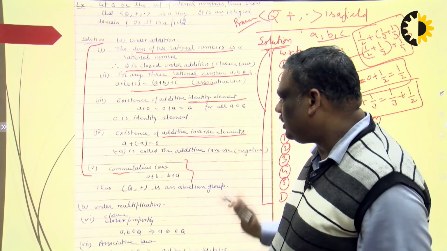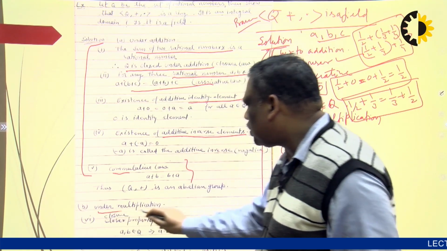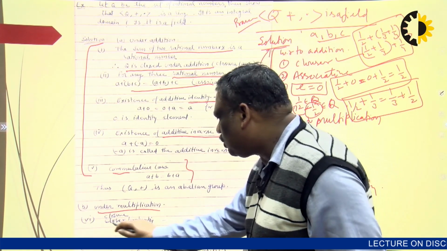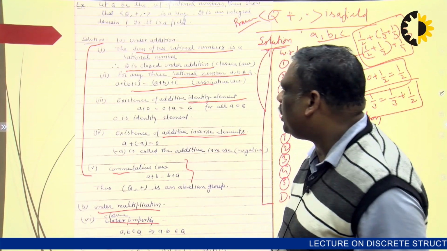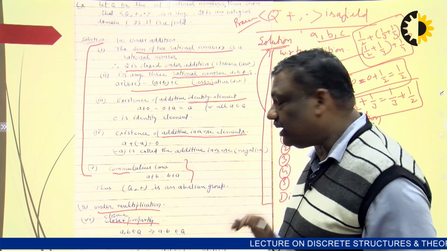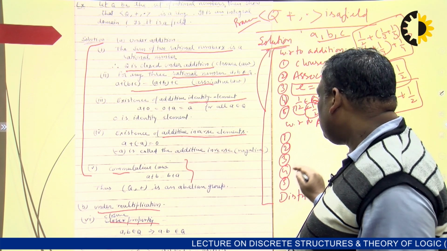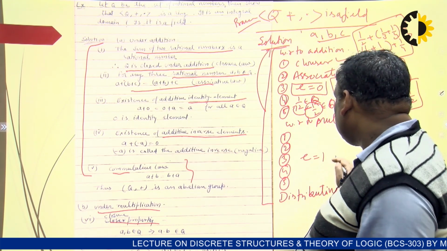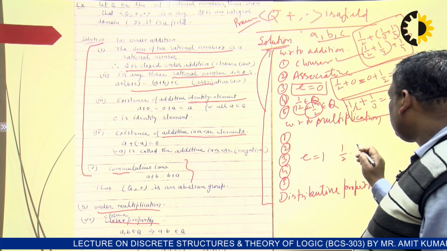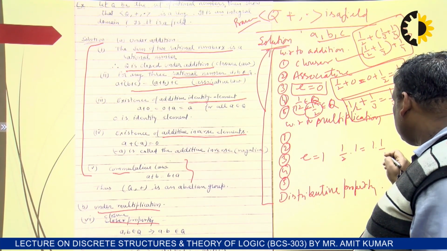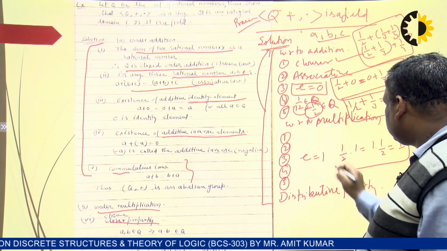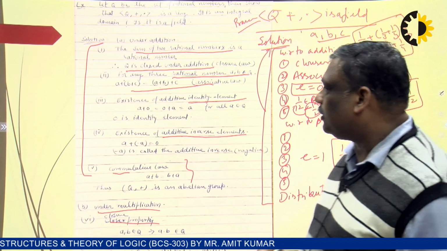Similarly, under multiplication, we can prove the closure property, the associative property, and existence of identity, which here is equal to 1. So 1/2 · 1 equals 1 · 1/2, so existence of identity element.